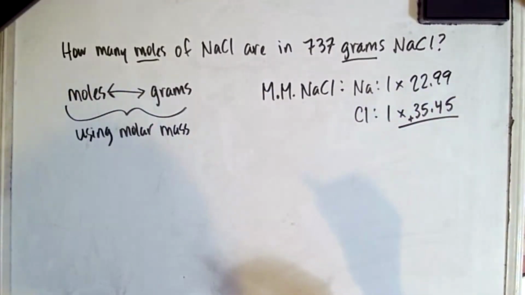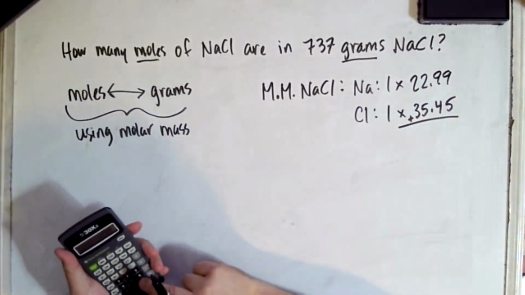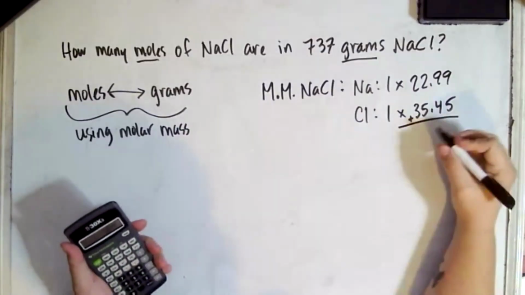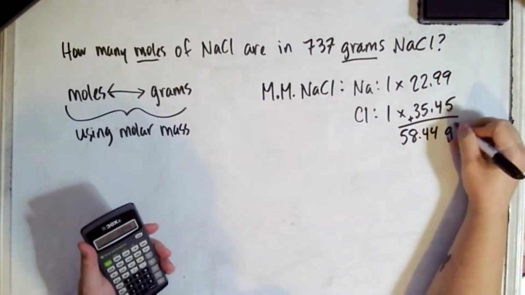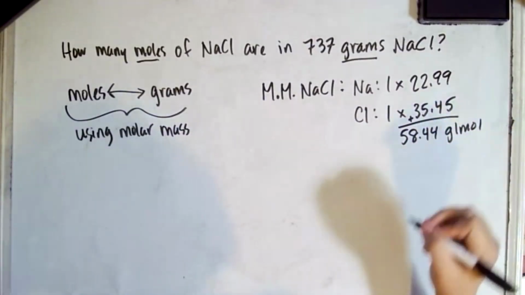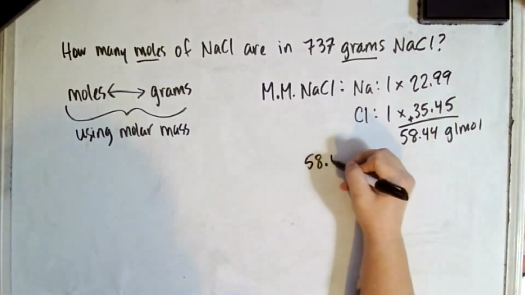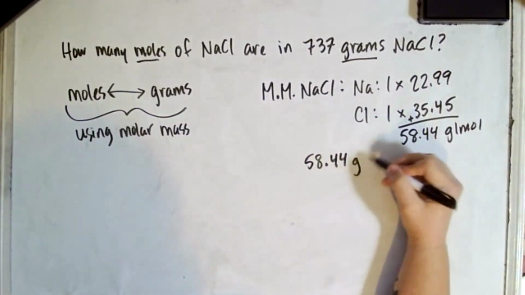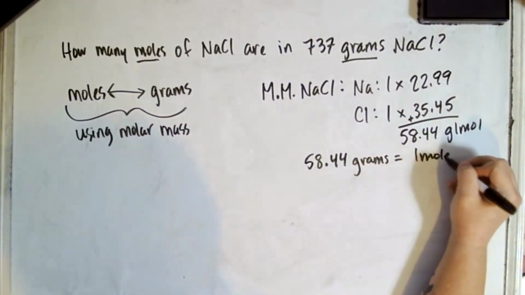We end up with a molar mass of 58.44 grams per mole, which we can write out as our equality: there's going to be 58.44 grams of NaCl in every 1 mole of NaCl.